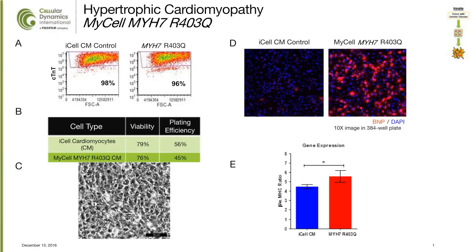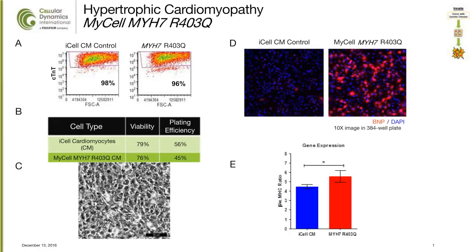These cells also have comparable viability as the control cells, as well as plating efficiency. In panel C, I'm showing a representative bright field image of the cells just to give you an idea of what they look like in culture.